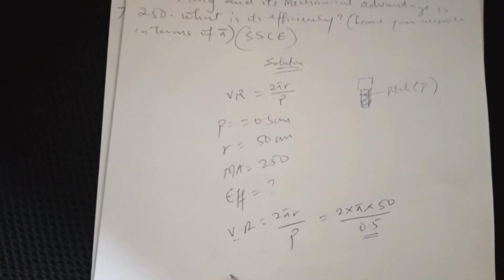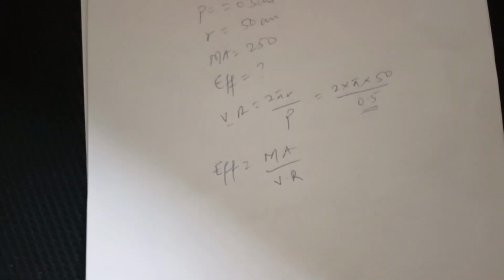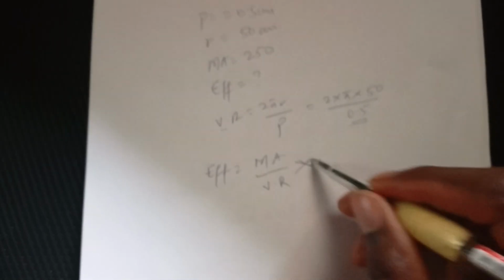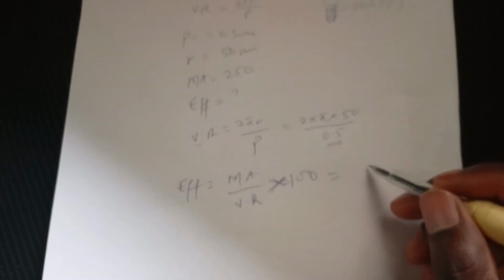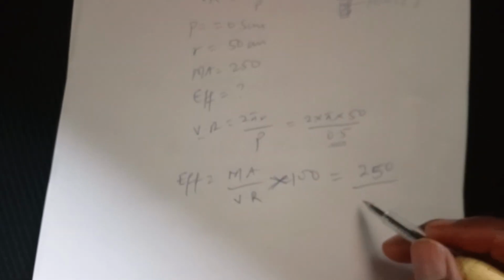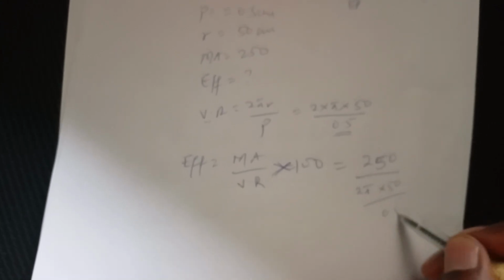Good. So our efficiency will be MA over VR times 100. Our MA is 250 over all this, which is 2 pi times 50 over 0.5, times 100.